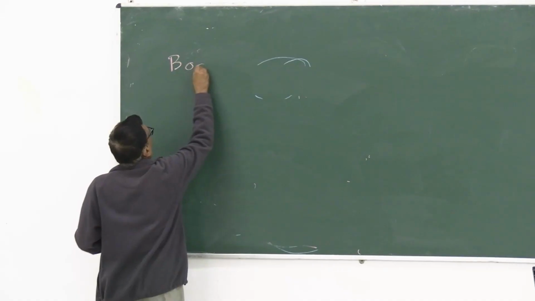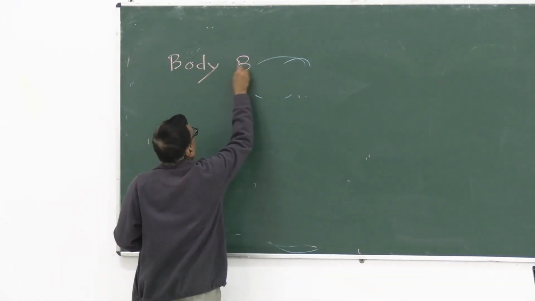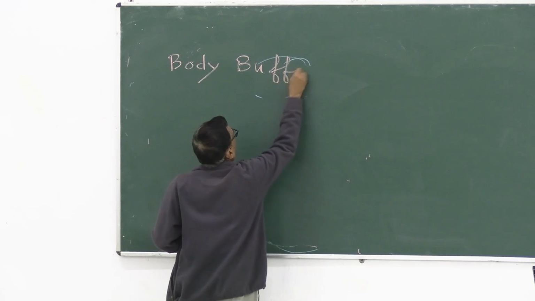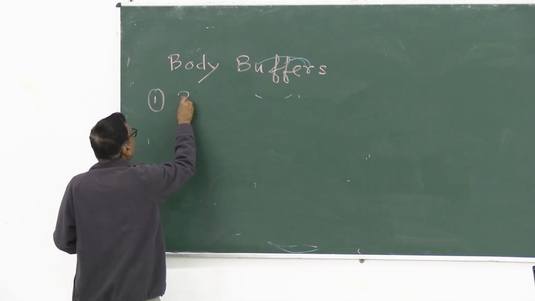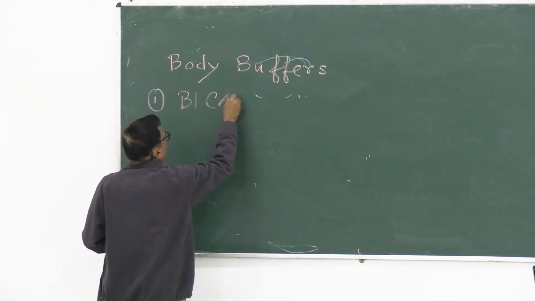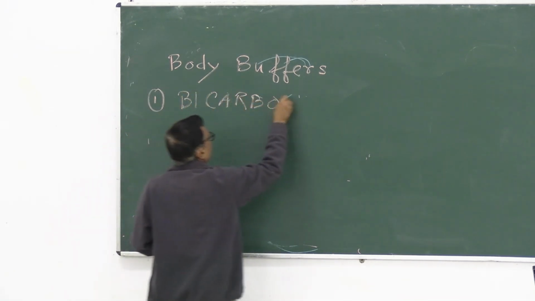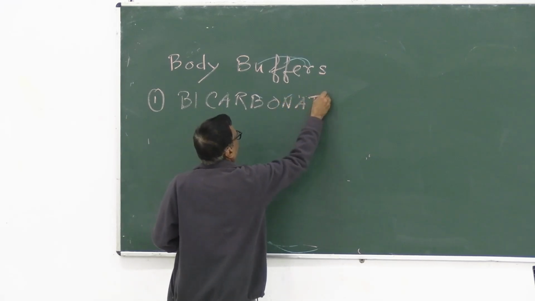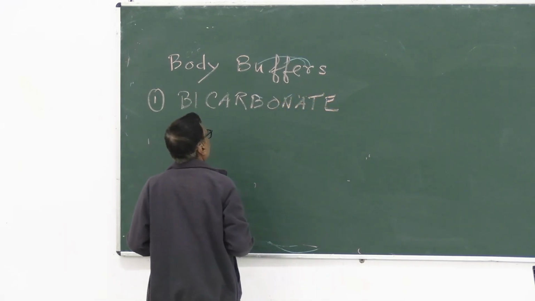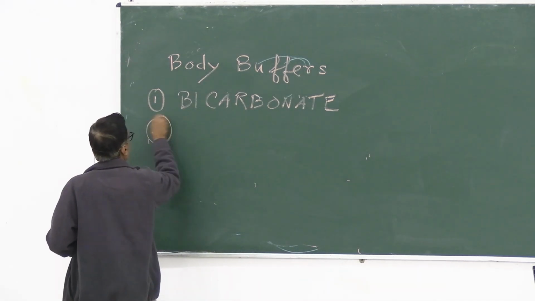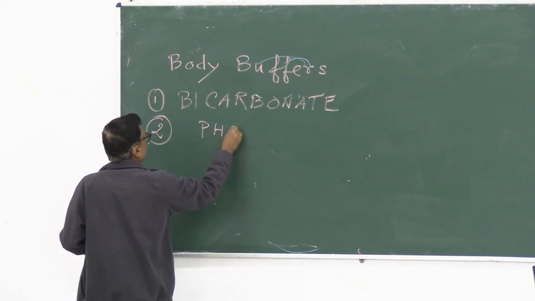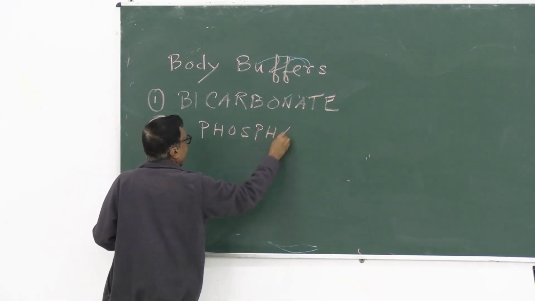Of these 4, the most important being the bicarbonate buffer. Number 1, most important being bicarbonate. Next being phosphate.